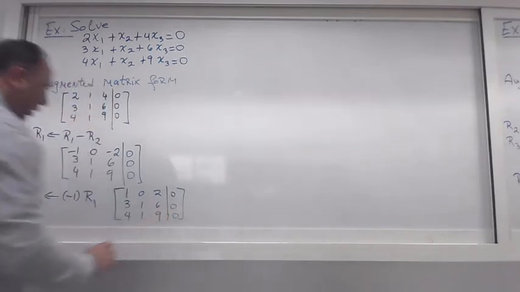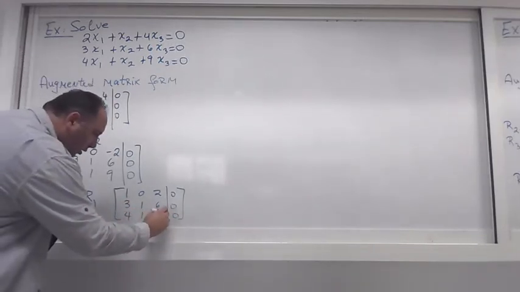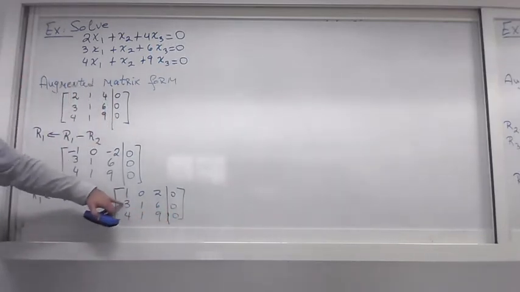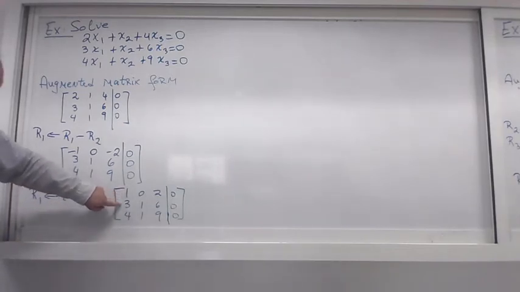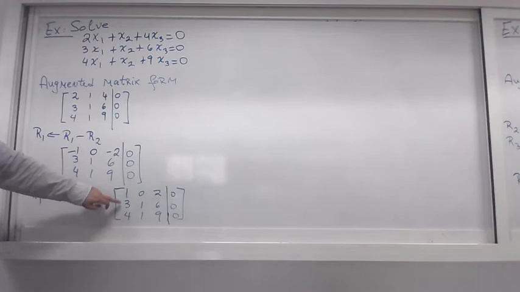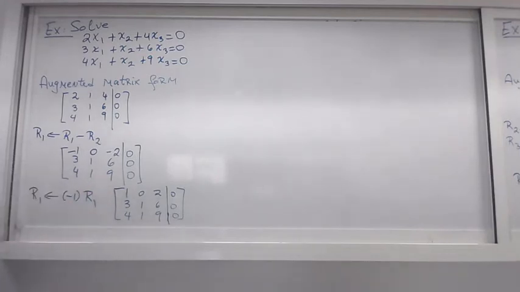So from now on, I just apply my normal operations. I have my 1 in the corner, and I'm going to kill 3 by replacing row 2 with row 2 minus 3 times row 1, and row 4 also. So that's one way of doing it.